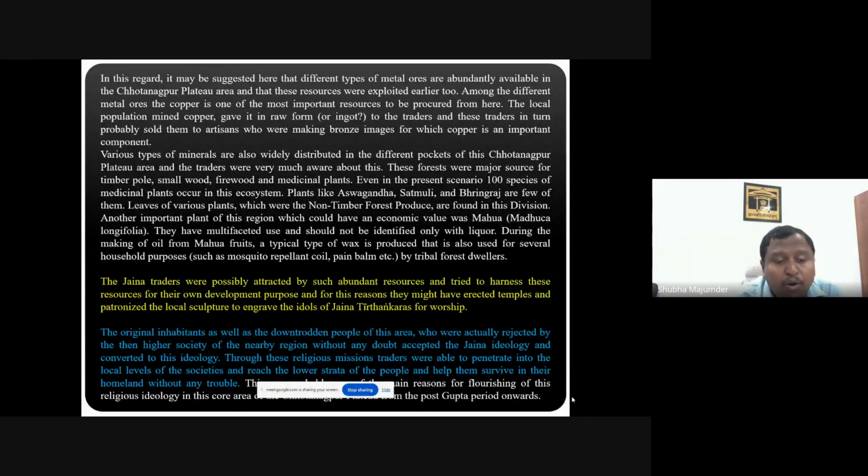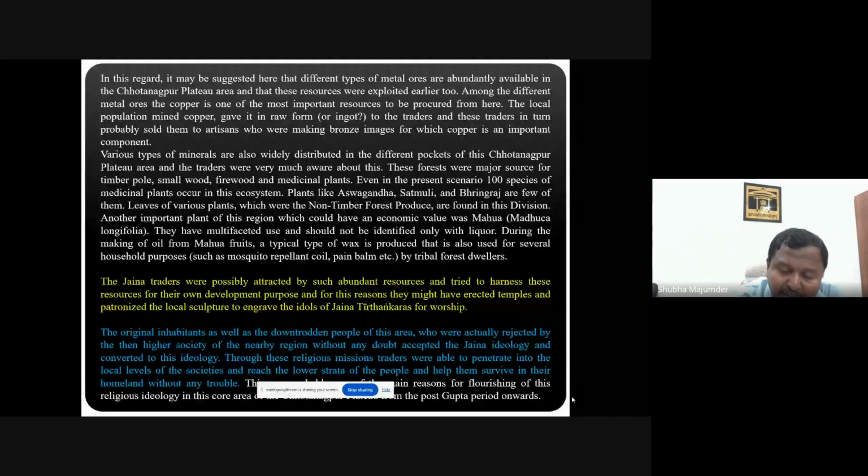Another aspect is that the original inhabitants, as well as the downtrodden people of the area who were rejected by the then higher society of the nearby region, without any doubt accepted the Jain ideology and converted to it.